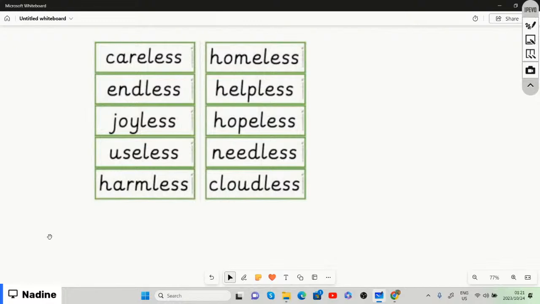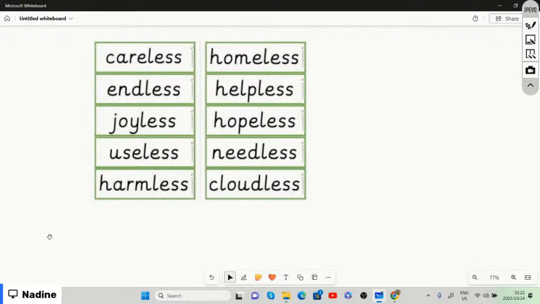Harmless. Like you will not be harmed. It's like coming to the yard, the dog won't bite you. The dog is harmless. You have homeless, meaning that you do not have a home. You are without a home. Helpless. We said without help. Hopeless. You do not have any hope.